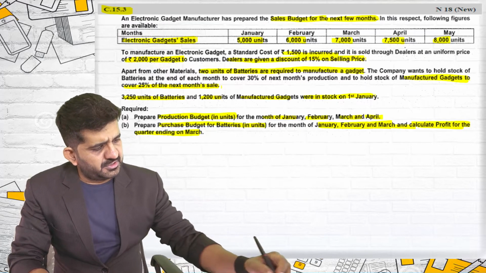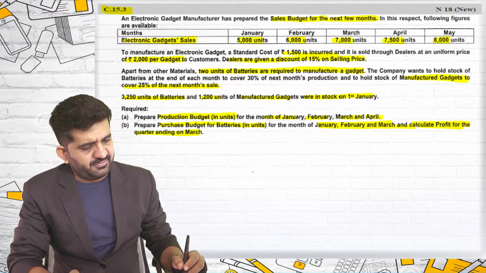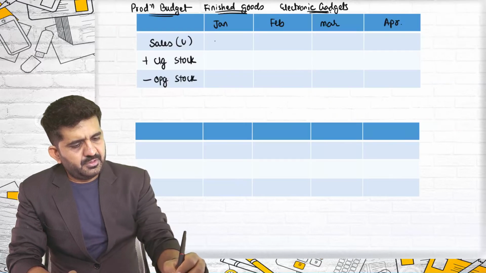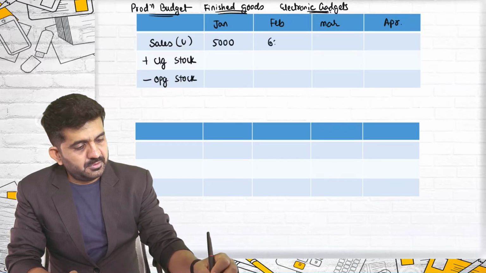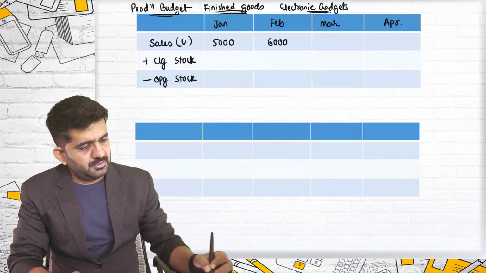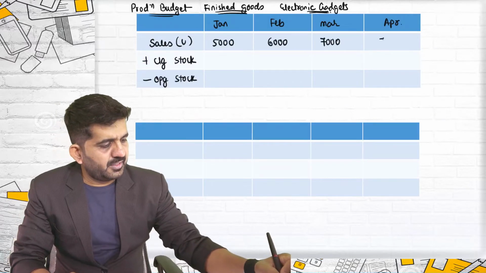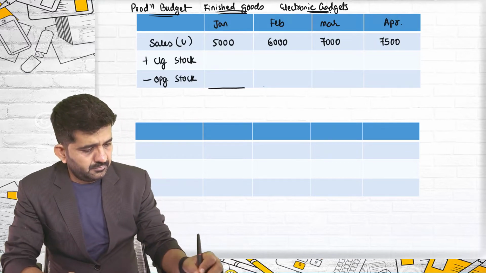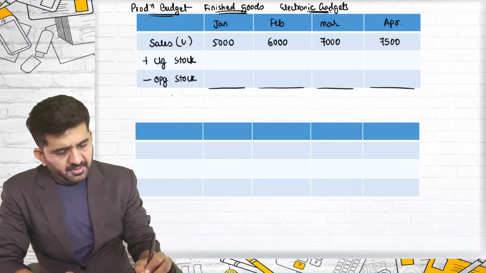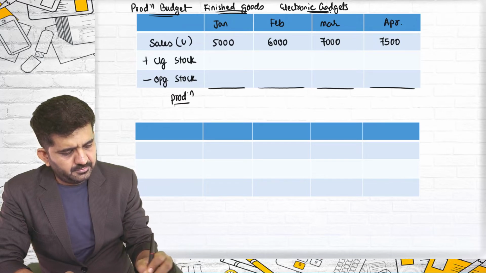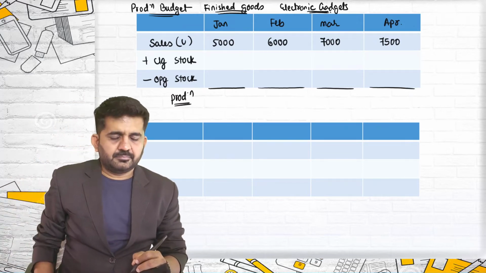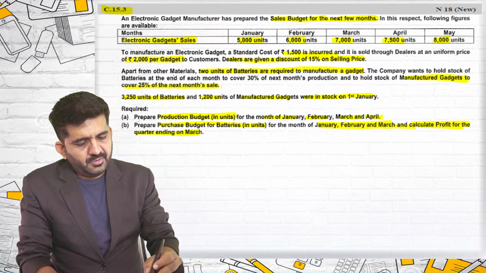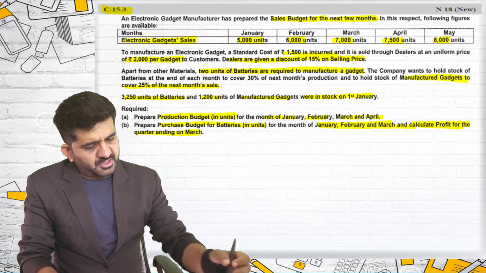Let me first see the things which are available. Sales is available: 5,000 units, 6,000 units, 7,000, 7,500. This will be my production required. To manufacture, this is a standard cost, that is all right.